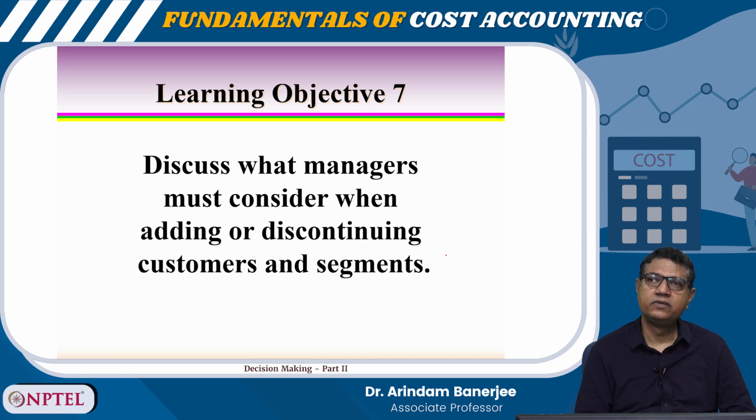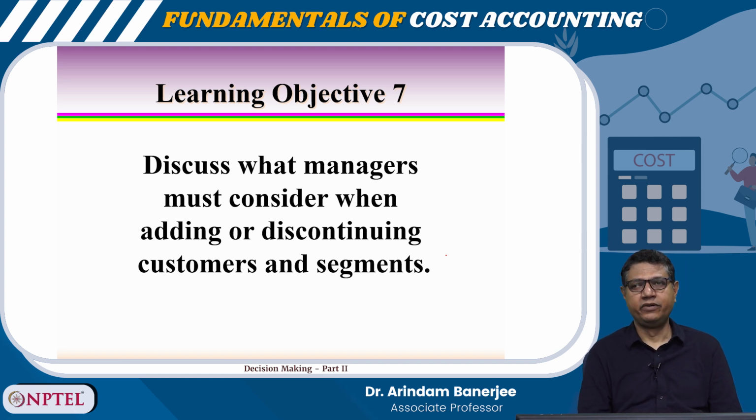The other concept which we discussed is the concept of opportunity cost. What is opportunity cost? Opportunity cost is actually not a cost, but the cost of opportunity foregone. So, if I forego a certain opportunity, then I am losing some revenue.